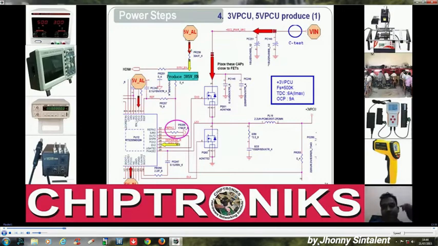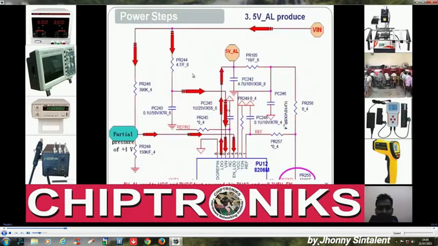So here the LDO is generated as 5V_AL, when enable LDO is generated by the resistance divider. You see in the previous slide, when this supply, this Vin, through the resistance divider goes to the enable LDO, it outputs the LDO that is labeled as 5V_AL.